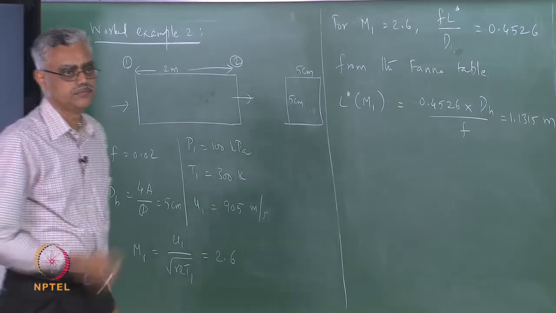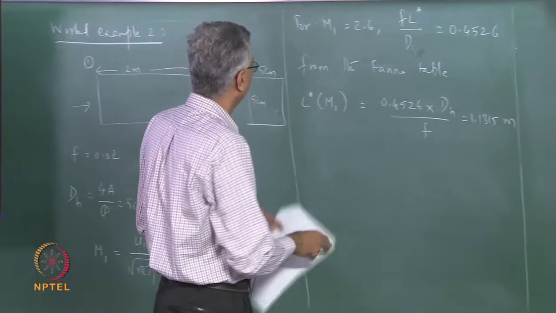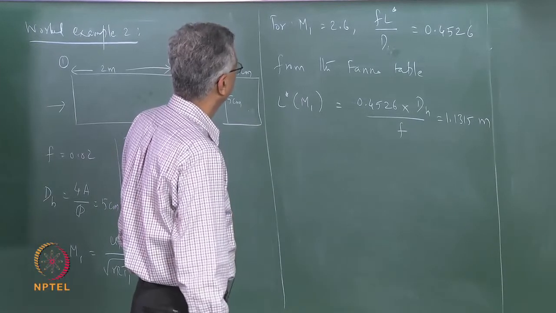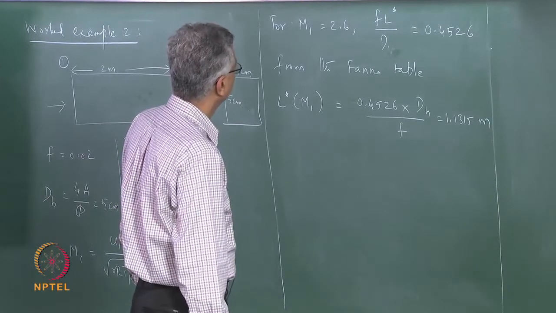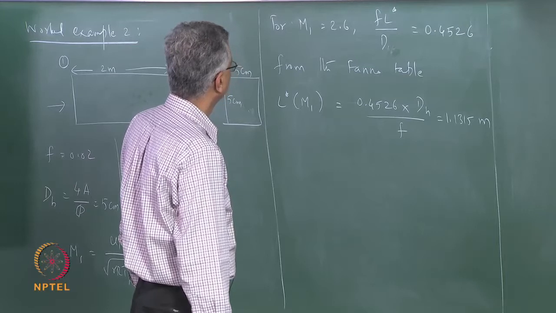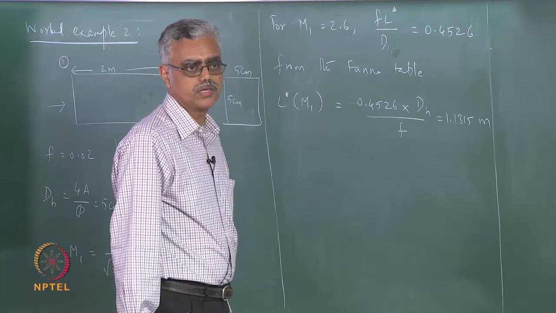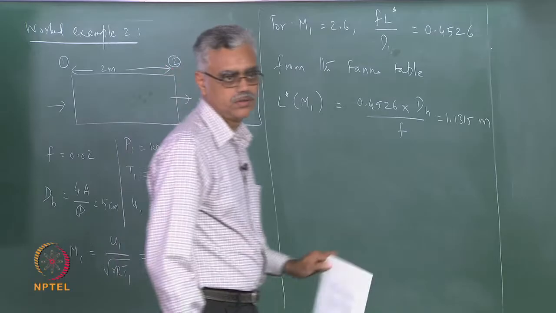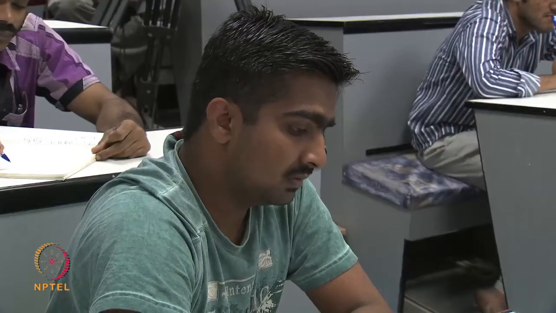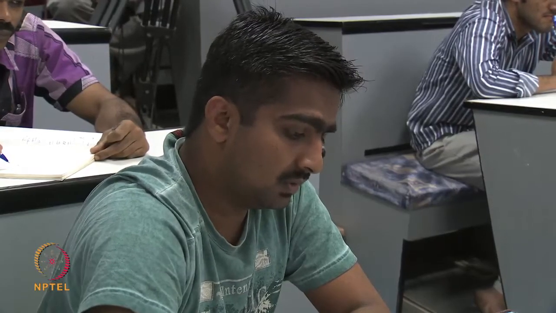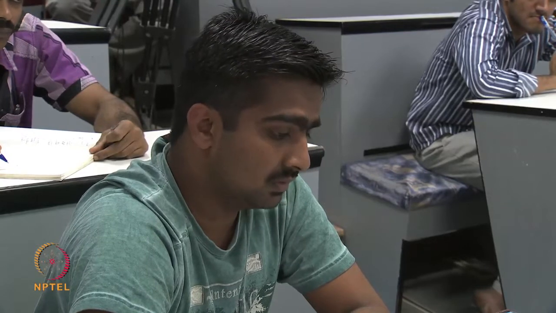Questions? So that saying this gas table f L by D is 1.353. Please look in the supersonic. Yeah, so the 2.6 Mach number, gamma equals 1.4. Yeah, 1.353.